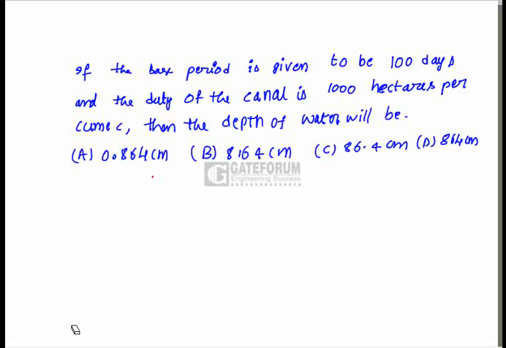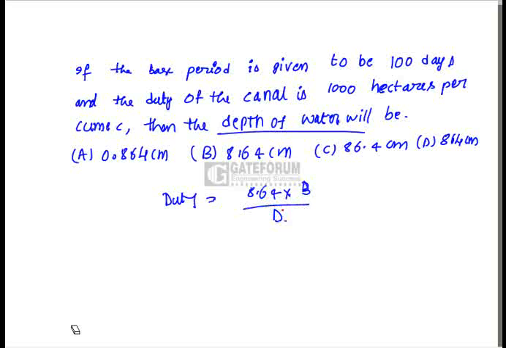First, we have to find out the depth of water. We need to know the relationship between depth of water and the duty. Duty is equal to 8.64 into base period by depth of water. Base period must be in days, units have to be handled carefully, and duty is in hectare per cubic meter per second.